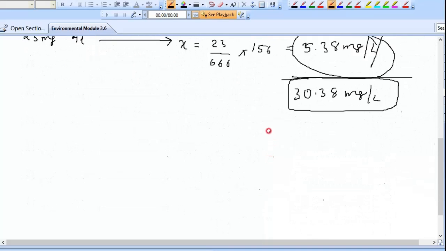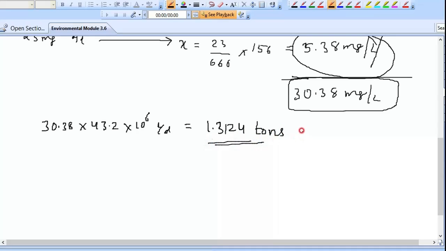Then what will be the total sludge per day? It is now 30.38 mg per liter into 43.2 MLD, that is 10 raised to 6 liter per day. Then we will get 1.3124 tons.